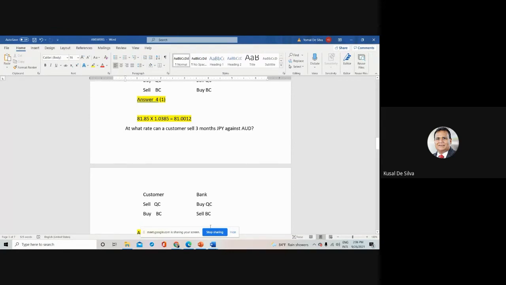But at least, for example, you may need to send Canadian dollars for your examination purpose to your university, or you may need to send Australian dollars for a university payment. For example, you may need to send GBP for a university payment. Then in that scenario, the bank will always quote a cross currency rate.